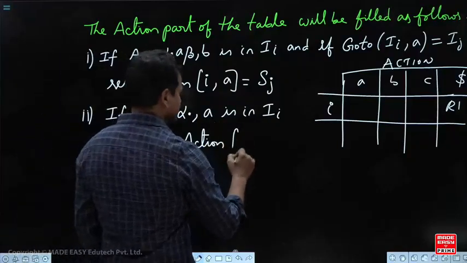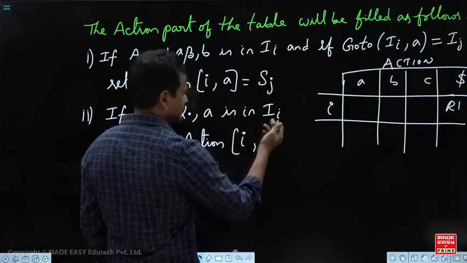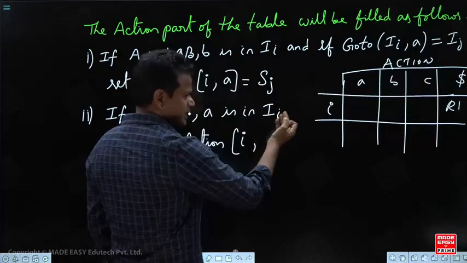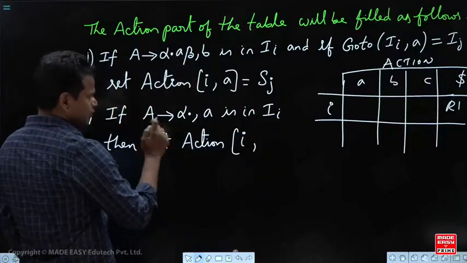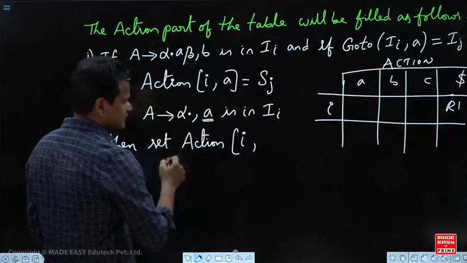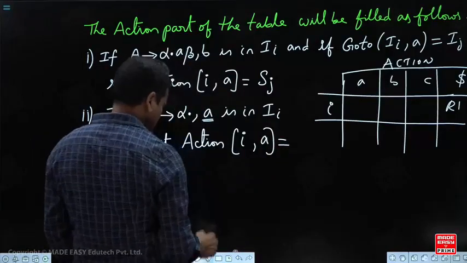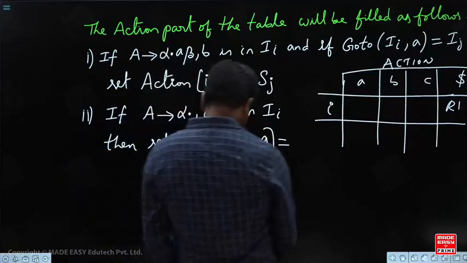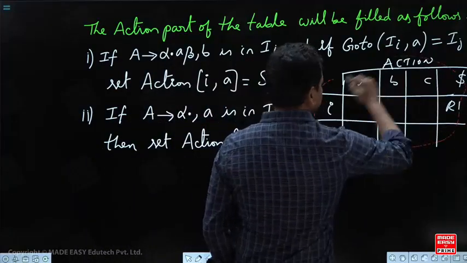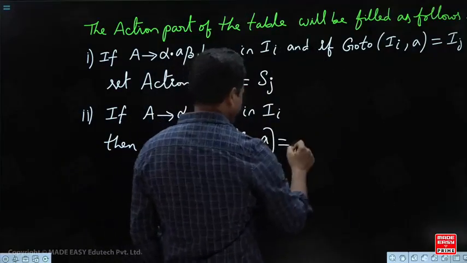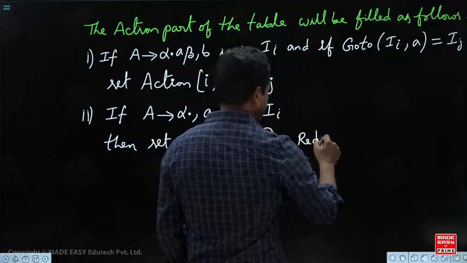Ii. So ith row, I1 first row, I2 second row, like that. And what is the look ahead? Look ahead is a. So ith row, ath column, we write reduced by A derives alpha.